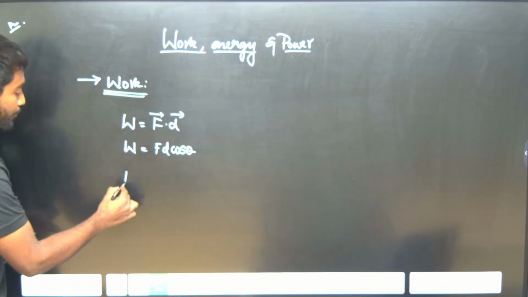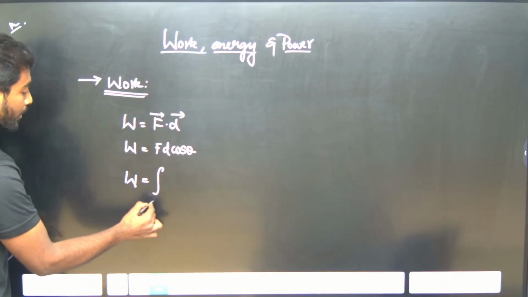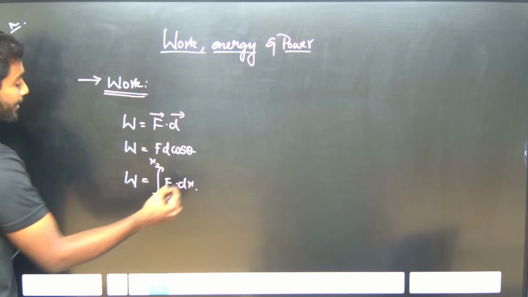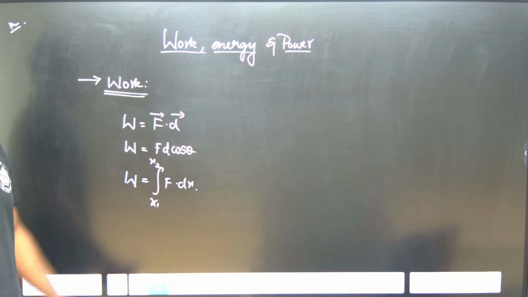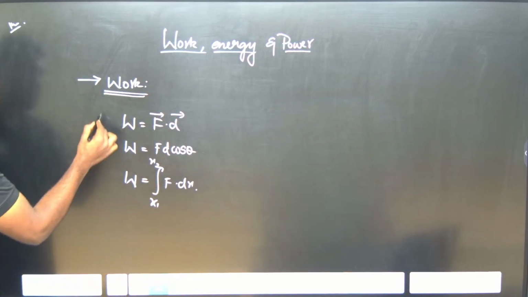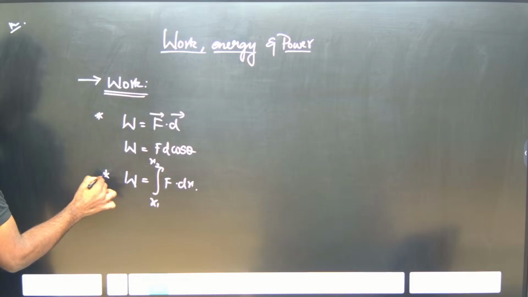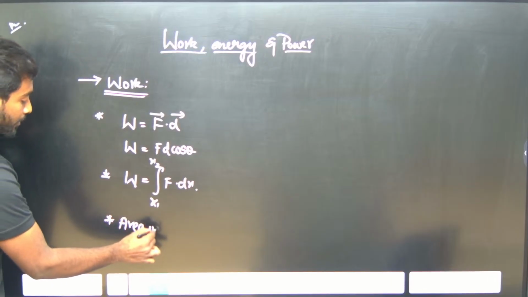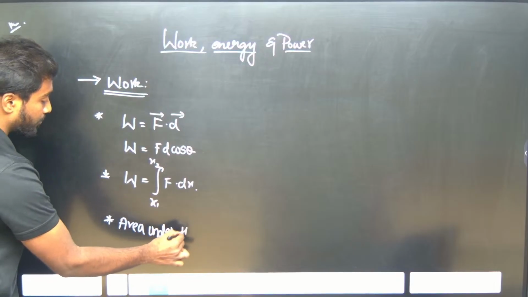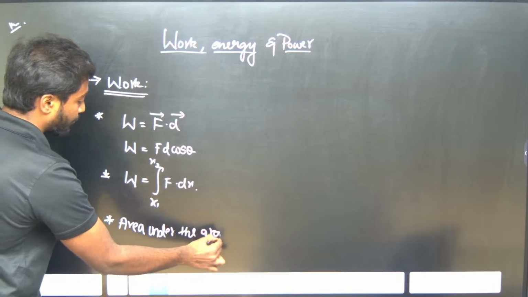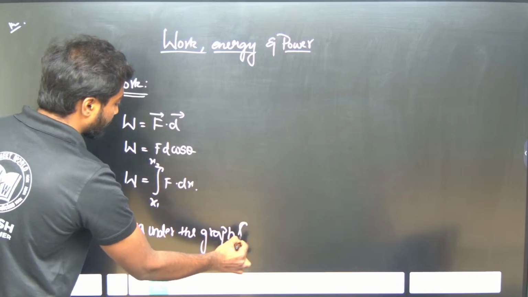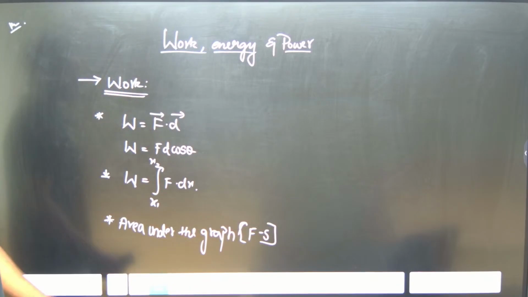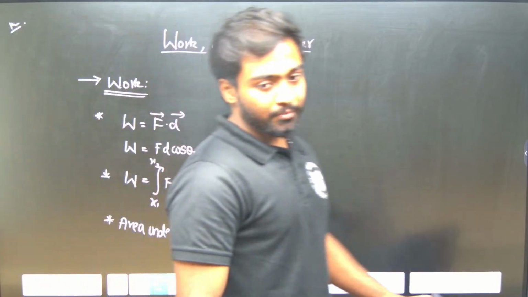For a variable force, W equals the integral from x1 to x2 of F dot dx, or from s1 to s2 of F dot ds. The third one is the area under the F-s graph. This is about work.